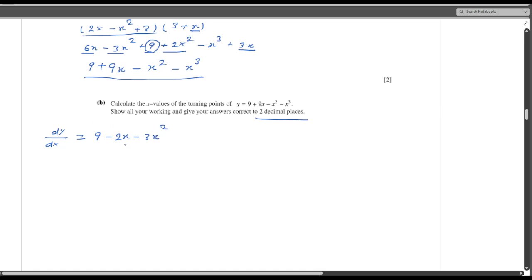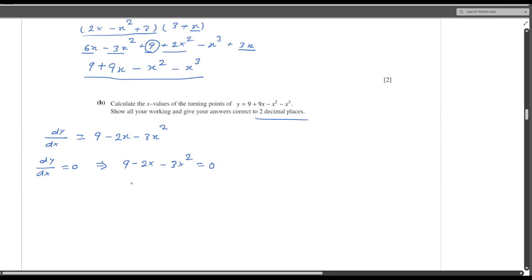Now I will equate this to 0. So dy by dx equals 0, which gives 9 minus 2x minus 3x square equals 0.